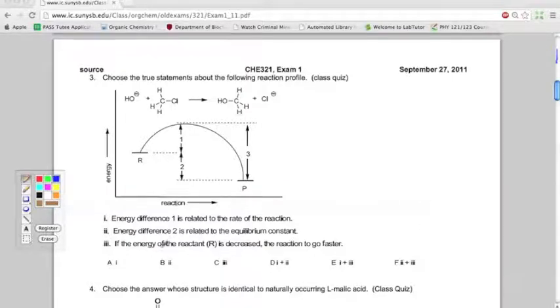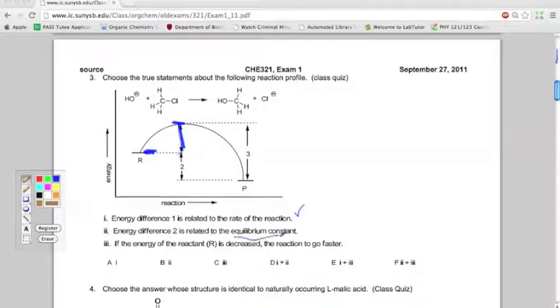So going through the choices, energy difference 1 is related to the rate of the reaction, and we know that is correct because the rate of the reaction is going from the products to the top, which is the activation energy. So that is correct.